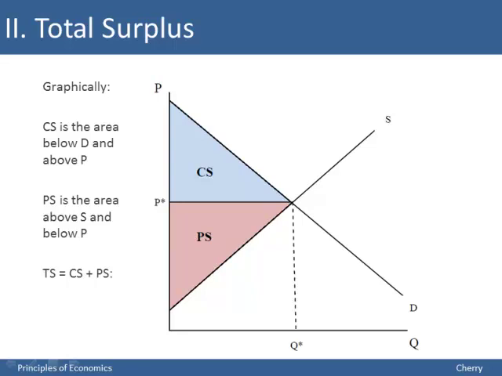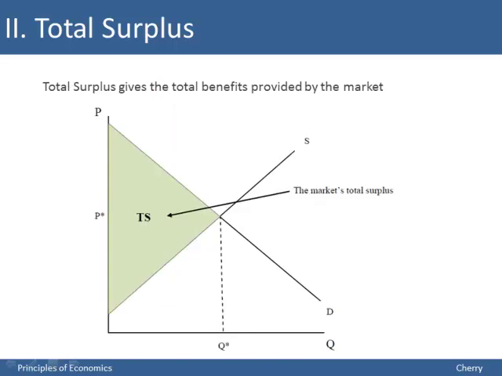So this represents, again, the benefits generated by the market as a whole, the total benefits. Redrawing this and just representing total surplus, it's that larger triangle. So it's below the demand curve but above the supply curve. And that green shaded area represents, as I said before, the total profit for society.